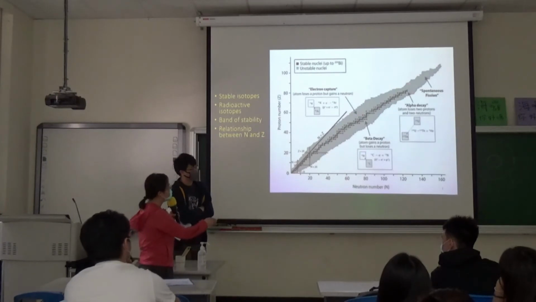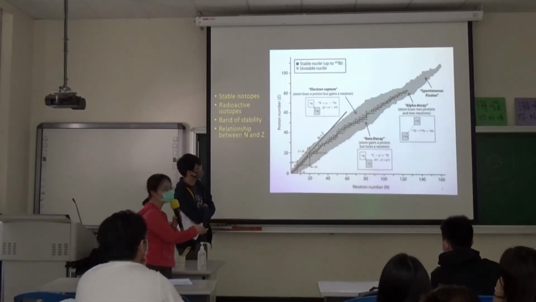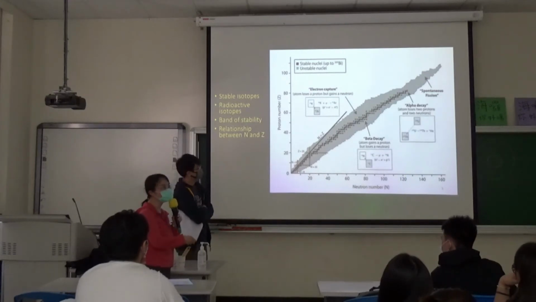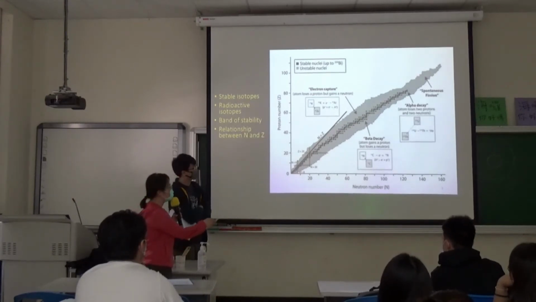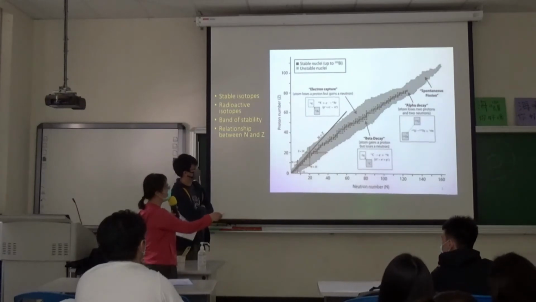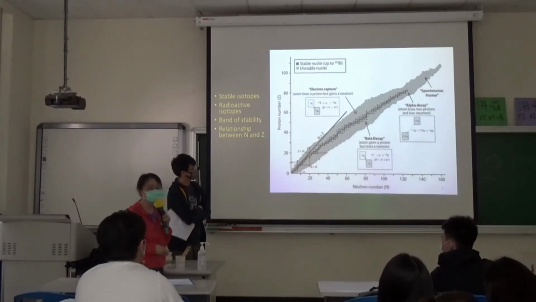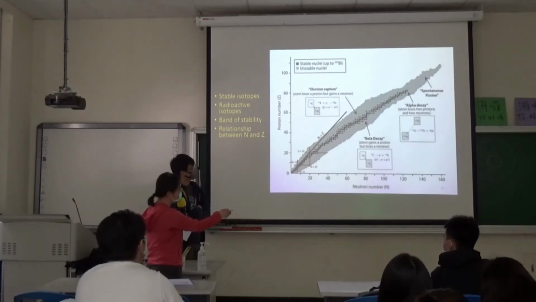Alright? But here, because there's no stable element, right? So you can almost be certain that the nuclei here are not stable. So it's very likely that all the nuclei here have the ability to undergo spontaneous fission. But spontaneous fission certainly also exists here.